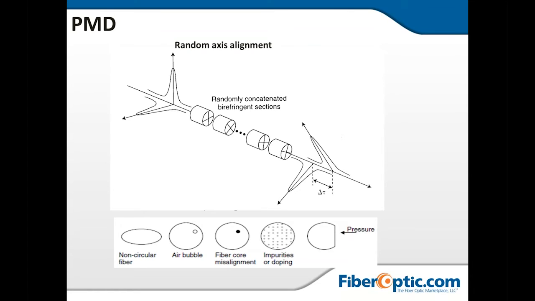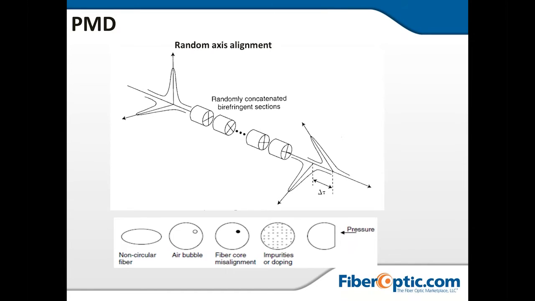Some of the reasons that we might have this would be lateral pressure, impurities in the doping, the fiber core being off center, the fiber core not being circular, perhaps an air bubble in the core. Up until 1997, we were allowed a certain amount of non-concentricity, meaning that the core could be off center by a certain amount, and we were allowed to have a certain ovality to the core.